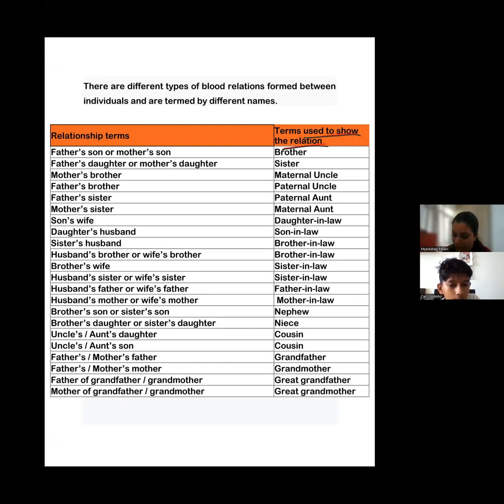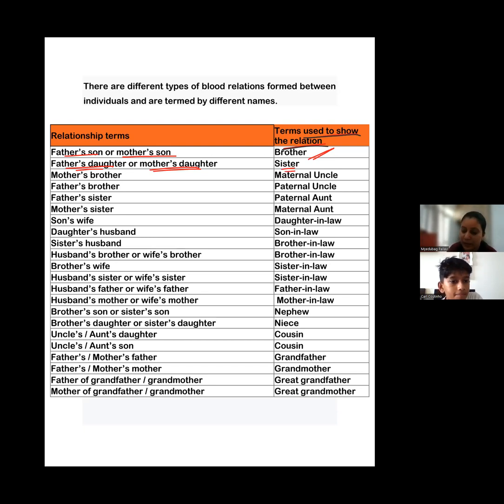Let us quickly have a look. Father's son or mother's son, that means we are referring to our father. My father's son or my mother's son will be my brother. Then your father's daughter or mother's daughter, same thing, will be your sister.